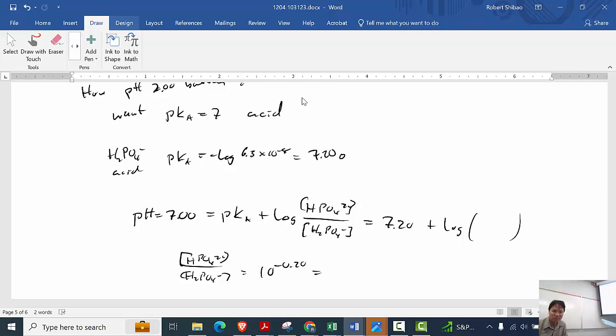I carried extra digits in my calculator, so that's why mine came out to 0.630. Yours may not. But I need a base to acid ratio of 0.63 to 1.